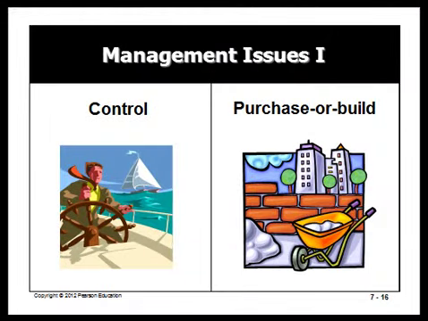Let's now examine some of the management issues in the FDI decision. Control. Many companies invest abroad because they wish to control activities in the local market. Example, to ensure that the selling price remains the same across markets. Yet complete ownership does not guarantee control. Partnership requirements.